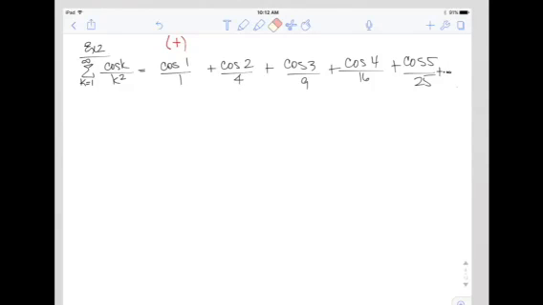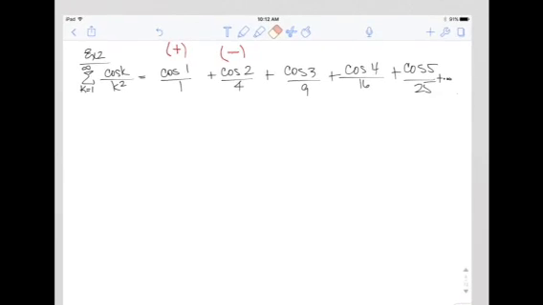The cosine of 2 is bigger than pi over 2 but smaller than pi, so cosine is negative there. Cosine of 3, again, is in quadrant 2 because it's smaller than pi, so it's also negative. The cosine of 4 is bigger than pi, in quadrant 3, so it's negative. The cosine of 5 would bring us back to the fourth quadrant because it's bigger than 3 pi over 2.